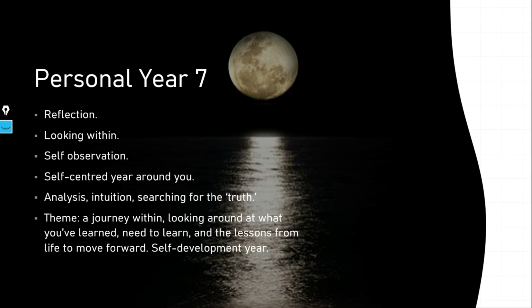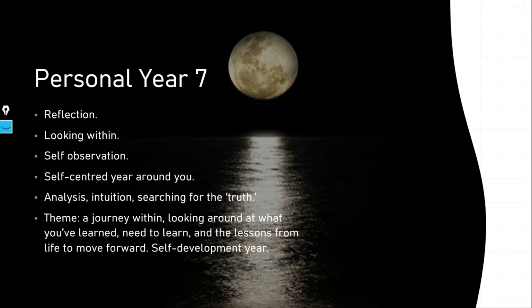So the theme often for 7 years is a journey within, looking at what you've learned or what you need to learn, lessons from the past to move forward, and self-development can often come up in a 7 year.